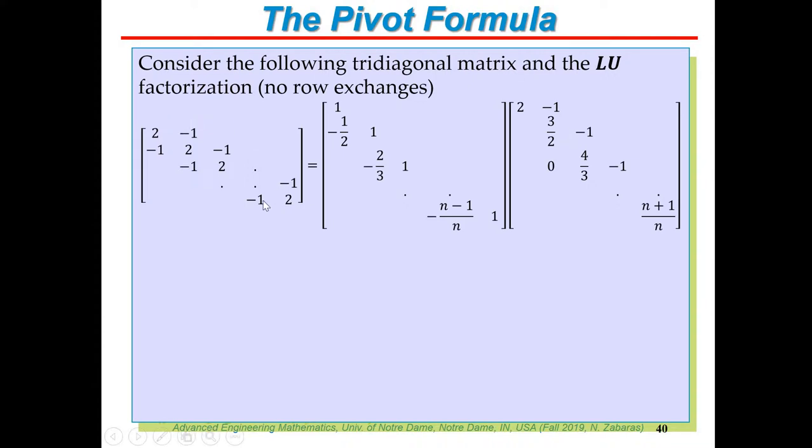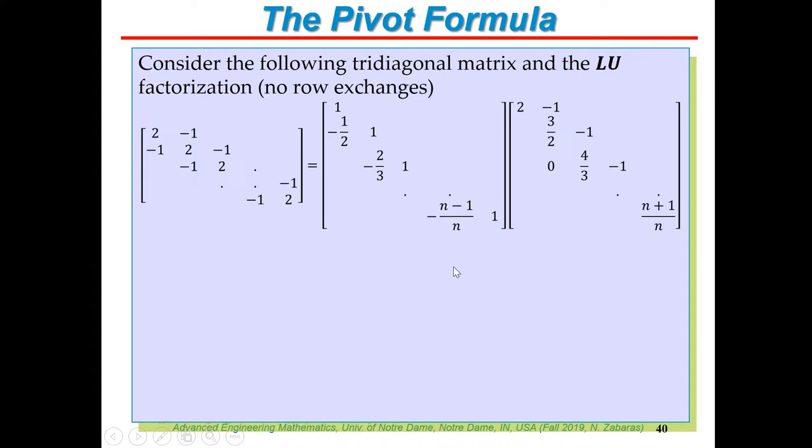So this is a very standard 3-diagonal matrix, actually a very common structure that appears in many problems in finite differences and finite elements. And what you see here is the LU factorization, and notice the L matrix again has ones in the diagonal and only has one line of elements below the diagonal, and U again is an upper triangular with only one line of elements above the diagonal elements.